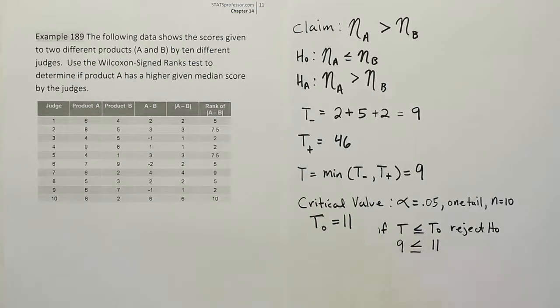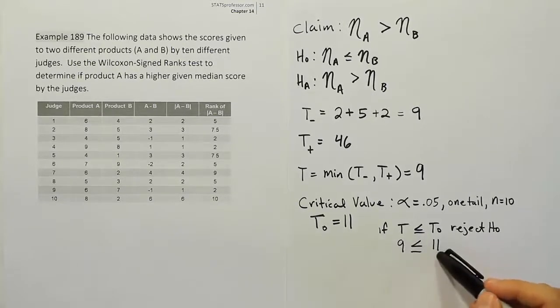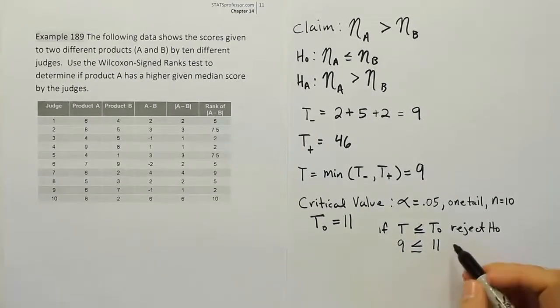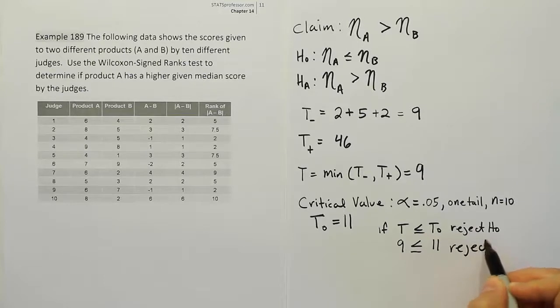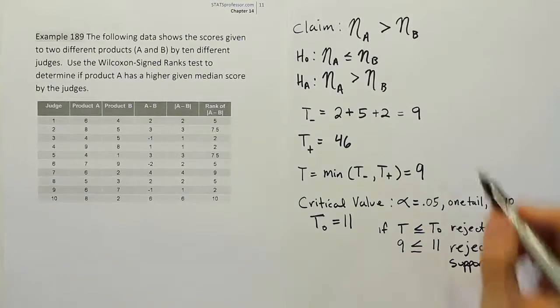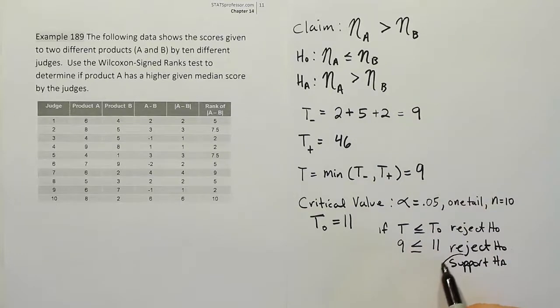It's less than or equal to. So since 9 is less than or equal to 11, we're going to conclude that we should reject H0. And remember, if we're rejecting H0, we support HA. So we're going to conclude in this problem that we're rejecting H0 and we're supporting HA. And with that in mind, then looking back at the claim, we'll say, hey, we support the claim. So in this problem, we were able to support the claim.